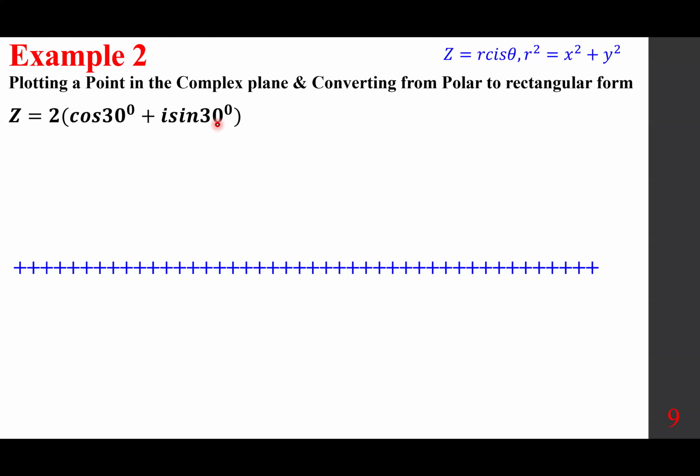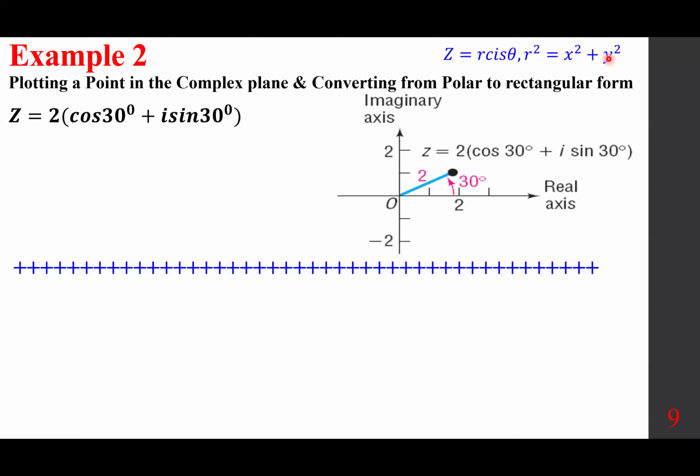As far as plotting is concerned, basically you have this rectangular grid where you have the angle 30 degrees and two tick marks along that R. So you come up with the 30 degrees and then you go two tick marks.